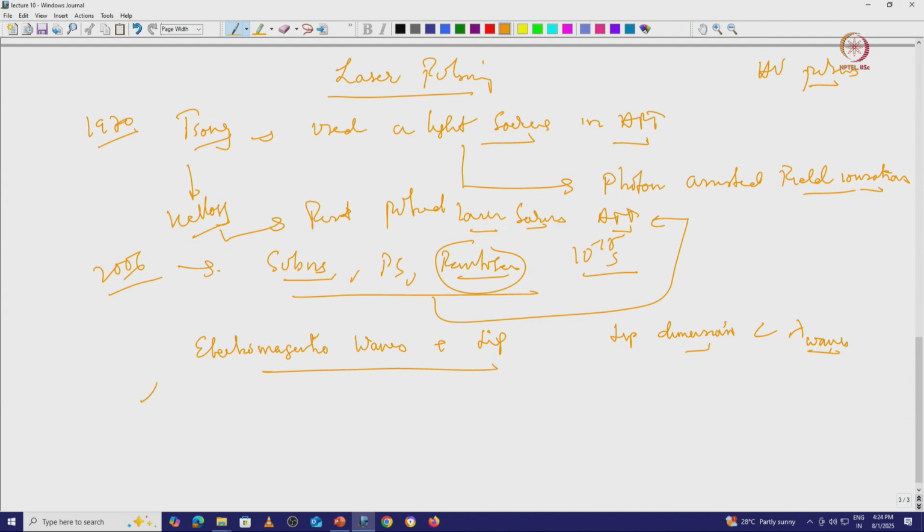So light from the laser source is absorbed by the tip.